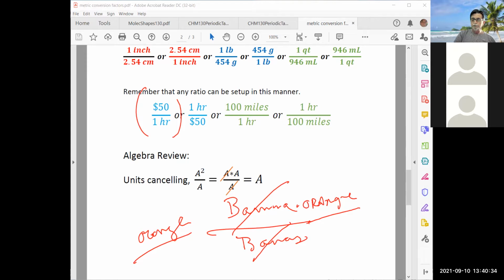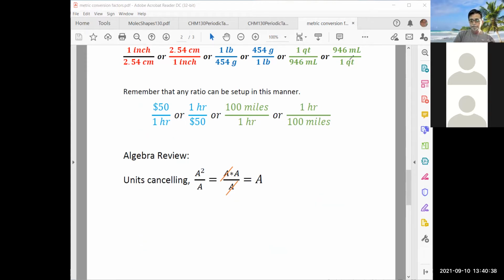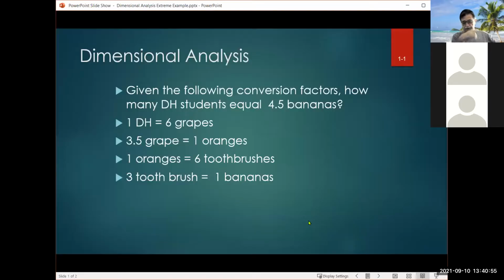Now, with that being said, I'm going to give you an extreme example of how to use this method. Many years ago, when I was teaching chemistry to the dental hygiene students at Carrington, I presented this to them, and I kept it because it demonstrates what I'm trying to show here.